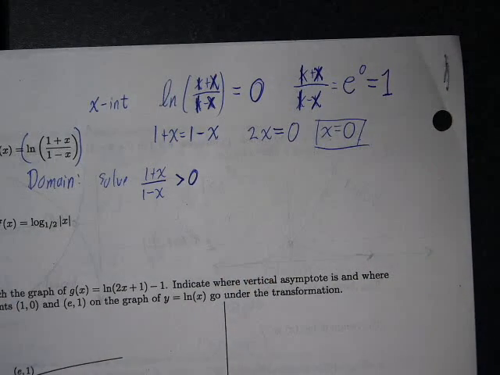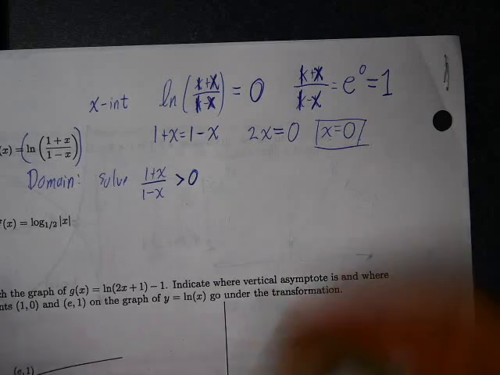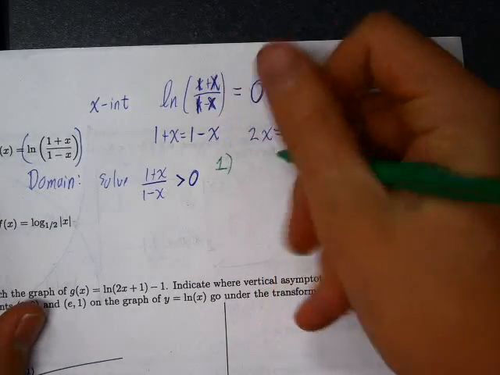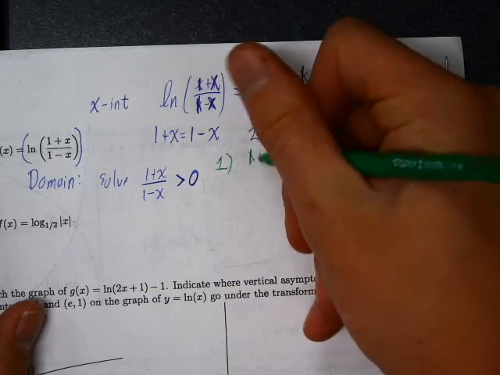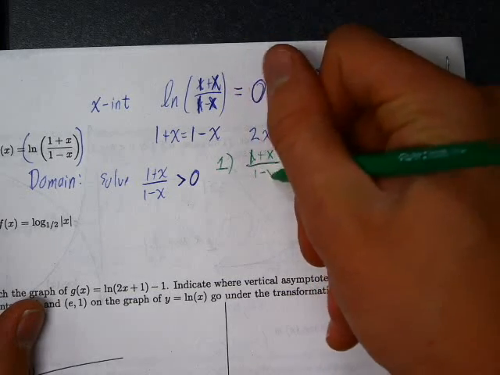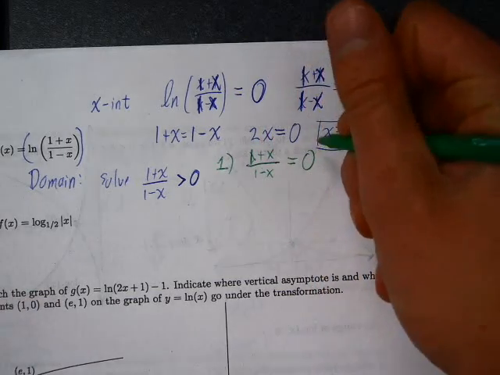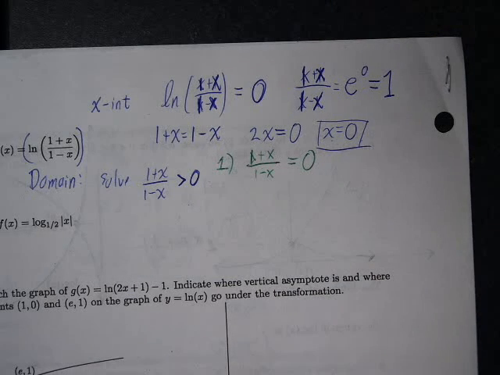I've got enough time, let's go through and do it. What do you need to do when you need to solve an inequality? Solve equality first. So step 1 is solve (1 plus x) divided by (1 minus x) is equal to 0. The only way for that to happen is if the numerator is 0, so 1 plus x must be 0, so I guess x is negative 1.